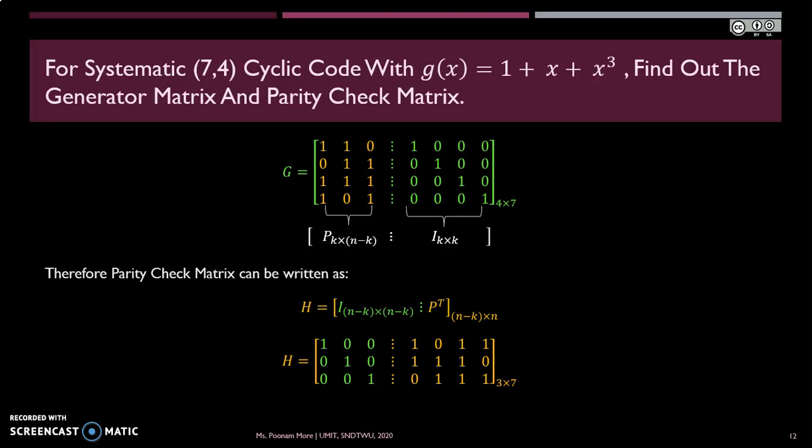Here the addition is modulo 2 addition. So this is how the systematic generator matrix and the parity check matrix can be found for the given systematic cyclic code.